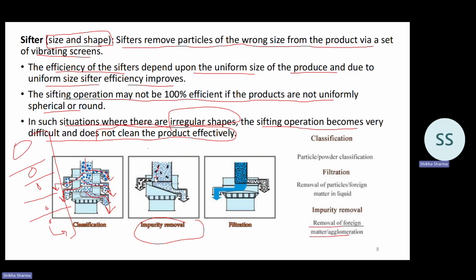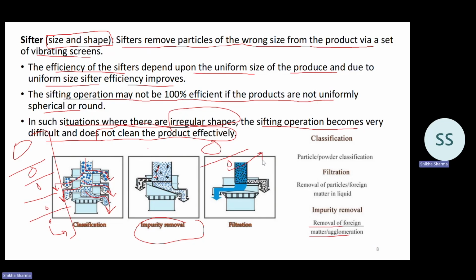The foreign particle will have a larger diameter, and the desired or product particle will have a smaller particle size. So the foreign materials will be left at the top of the sieve, and the desired particles will pass through the sieve and can be collected at the bottom of the sifter.